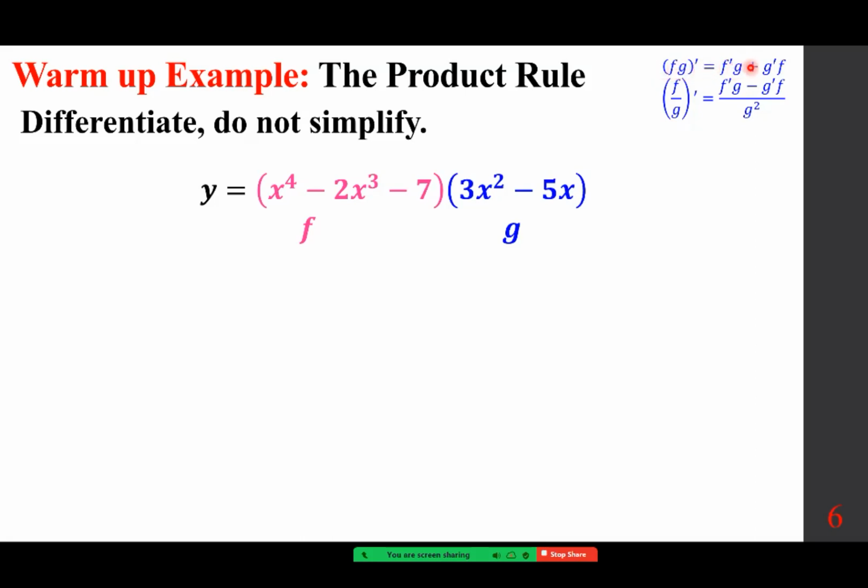It is f' g plus g' f, and I can't emphasize the importance of this shorthand notation, at least as far as I'm concerned, because it makes this one easy to remember. So if I want to multiply these two, and this is a warm-up example, we are not going to simplify. The purpose is just to apply this, and I want to mention again that there are not many calculus steps.